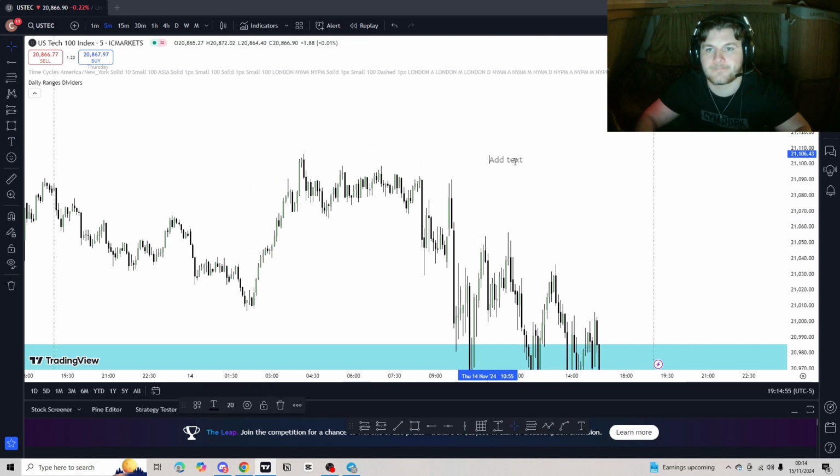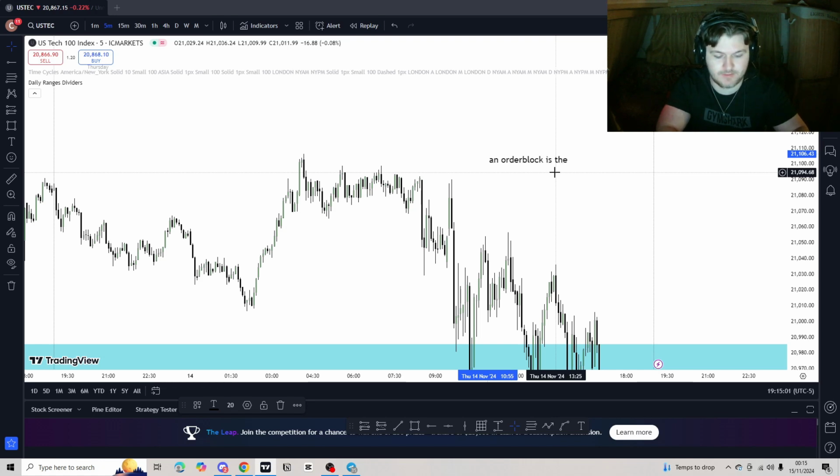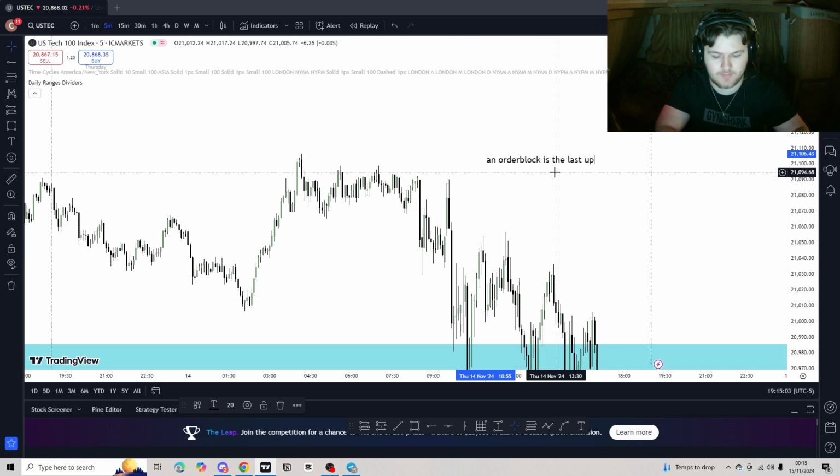So, an order block is the last up or down candle followed by displacement to the opposing direction.